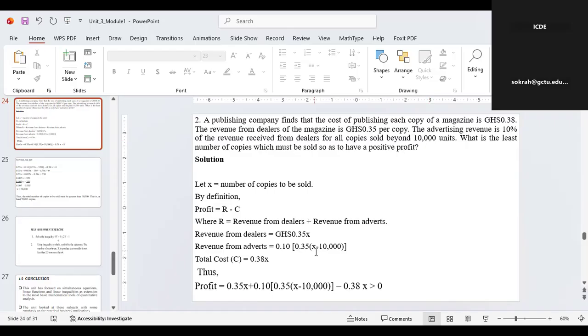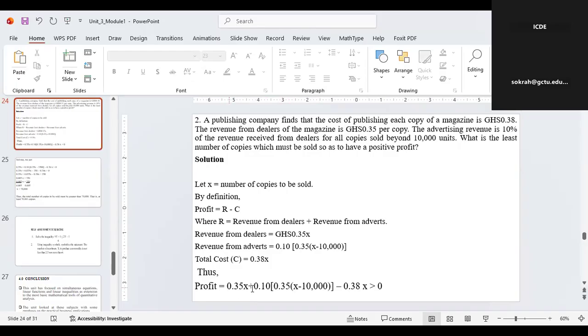So that is why, because we don't know the total sold and we've represented that total by X, we have to subtract the 10,000 minimum from the X. So that's why we subtracted 10,000 from this X before multiplying by the 0.35 and the 10%. So that is what you see here. So now we know our revenues from dealers and the adverts. If you put the two together, we get our total revenue. Then we subtract the cost. So that is what you see here.